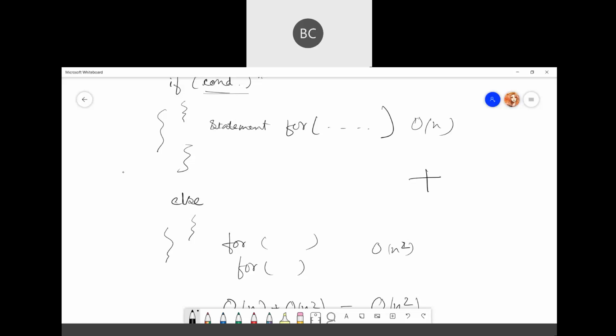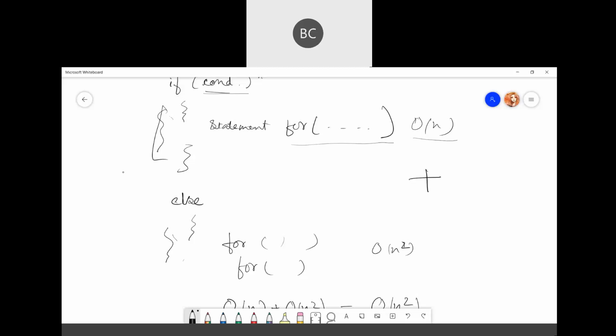If there is a for loop inside the if statement, it will take O(n) time. Whatever it is, then again the else part will be there. Same thing. You just need to add up the timing for both the if statement and the else statement.